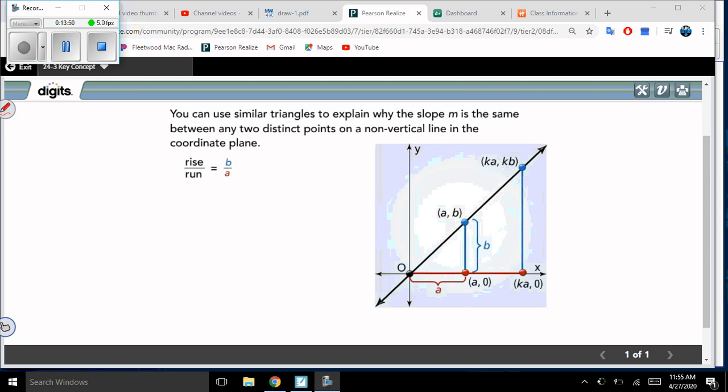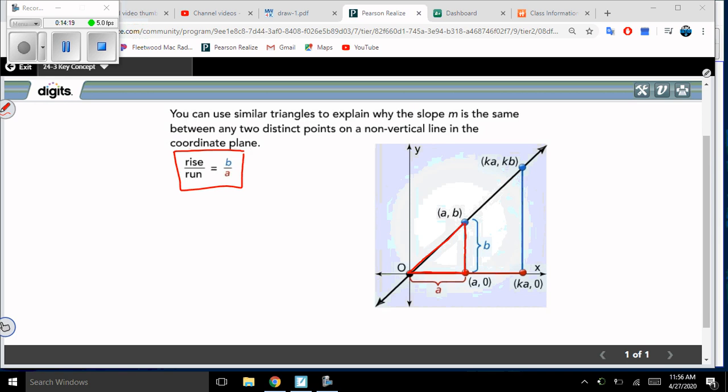Okay, so what we're taking a look at here now is, in essence, we have a triangle right here, and they're saying that the rise over run is B over A. Even if they don't give you distinct points, it's B over A, which they share with you right here. And what they're saying is if we dilate this triangle by a factor of K, again, K is an unknown, could be 6, could be 3.5, could be 15, could be a negative number, who knows?